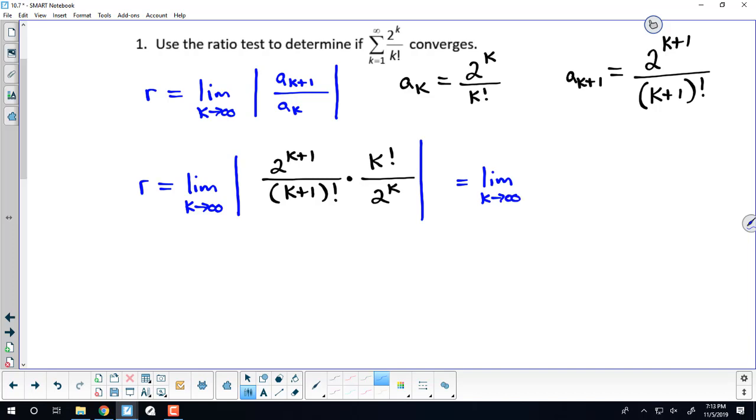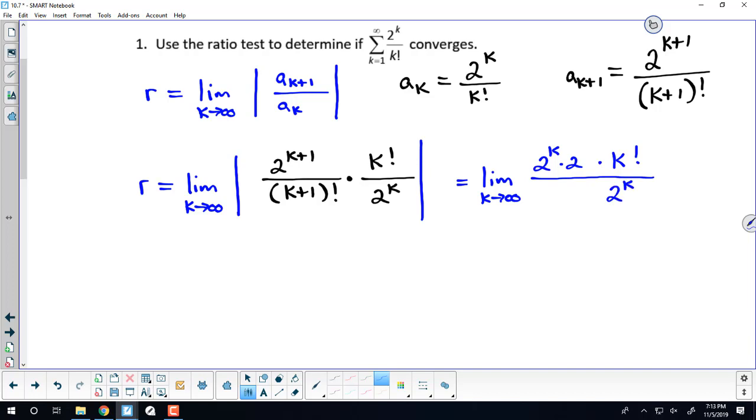We've got a 2 to the k on bottom and a 2 to the k plus 1 up top. Hopefully that's pretty straightforward. I would just recommend breaking these things up. 2 to the k plus 1 is 2 to the k times 2 to the first, times our k factorial over 2 to the k here.